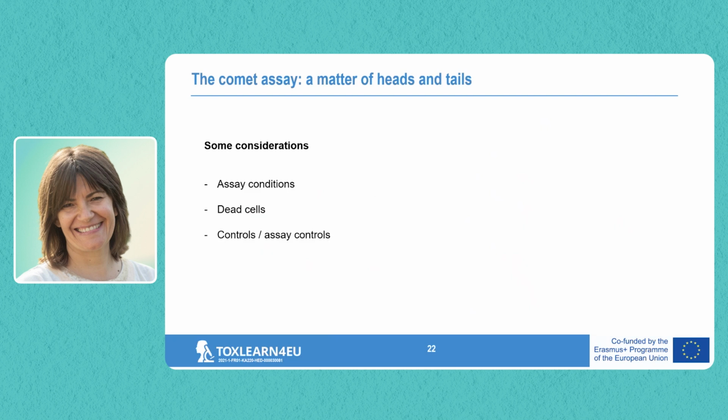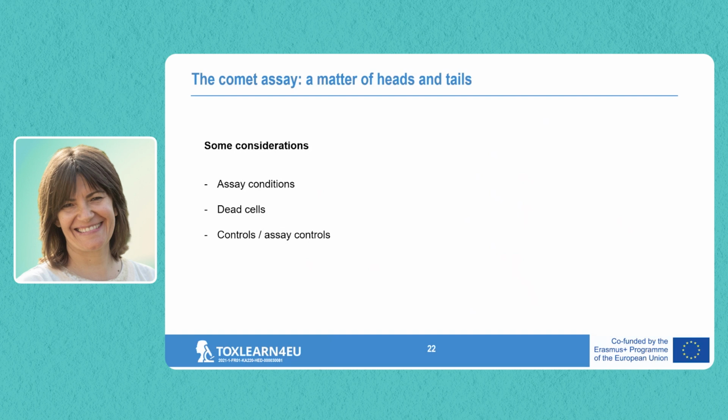Some considerations. Assay conditions. One tricky thing about the Comet assay, and I'm not going to go into details because we could spend a couple of days on it, is that the assay conditions can really affect the results. Imagine that you use a very strong or very long electrophoresis. What is going to happen with the tails? They are going to be very big. Or remember that the cells are in an agarose matrix.